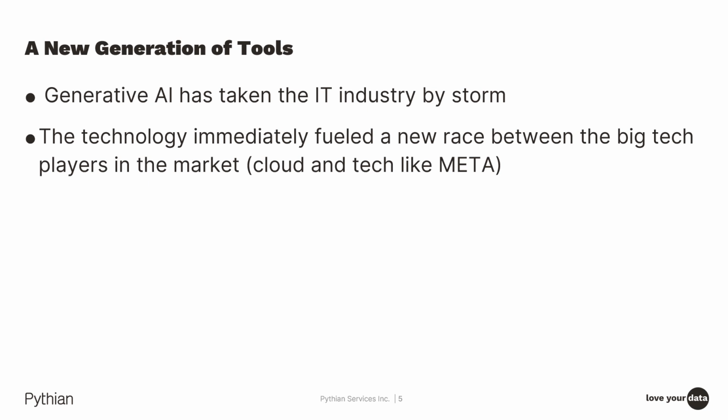The NVIDIA stock price has shot through the roof because everybody's buying GPUs like crazy. And this technology has immediately fueled a new race between all the big tech players in the market. We have the cloud players like Microsoft, Google Cloud, Amazon, and then we have tech players like Meta creating new open source generative AI models as well.